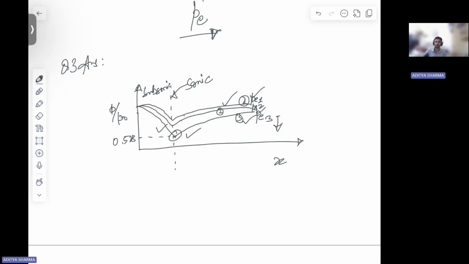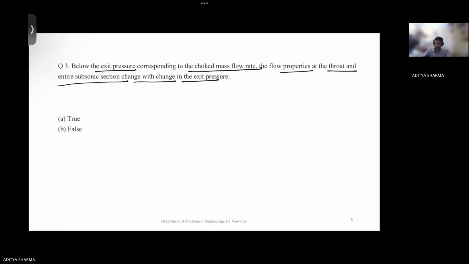There will be no change in this region if your exit pressure decreases further. Because the question says that it changes, this becomes a false statement. I hope this is clear.